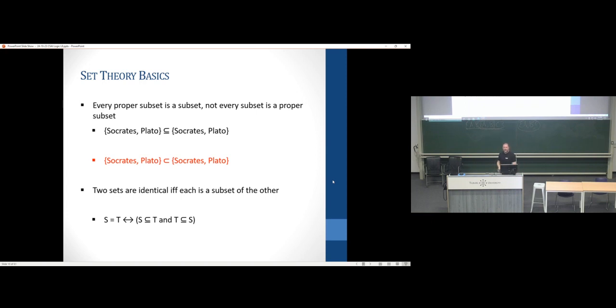So we mentioned this already, but every proper subset is a subset. Right? Everything that's less than is less than or equal to, but not the other way around. And that's because the limit case of being a subset is just being identical, that is, having the exact same members.